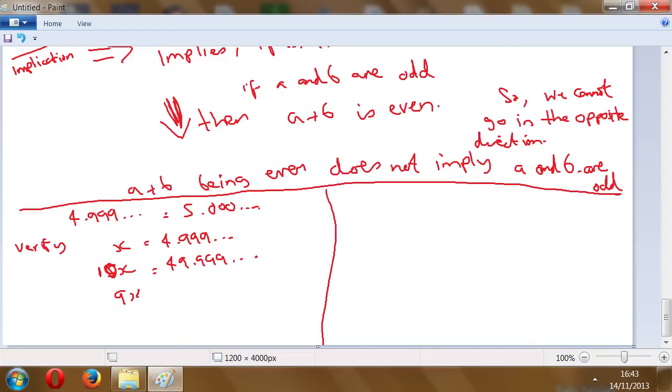Then we can say 9x is 45, x is 5. Okay. And yeah, it's interesting. I think this is only one way though. Maybe I don't think you can go back. That's the funny thing about this proof. It's verification.